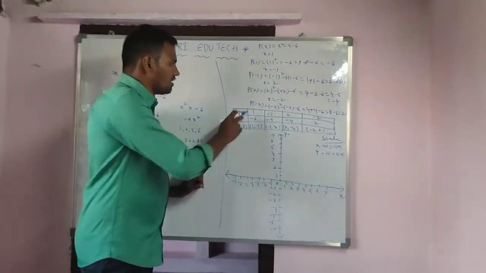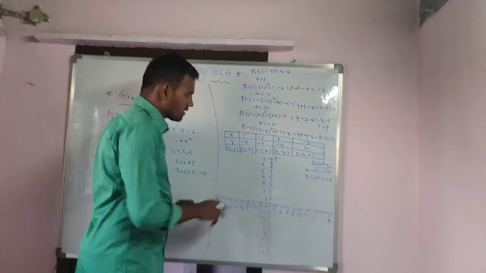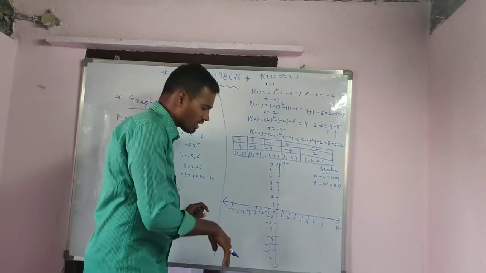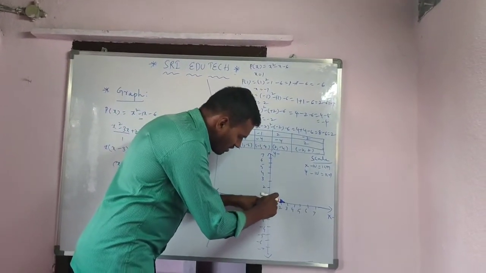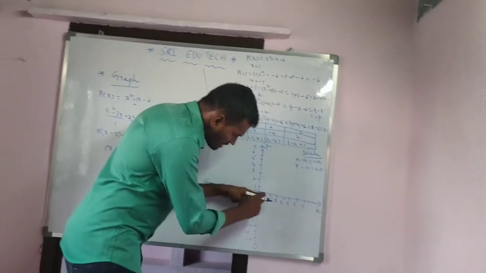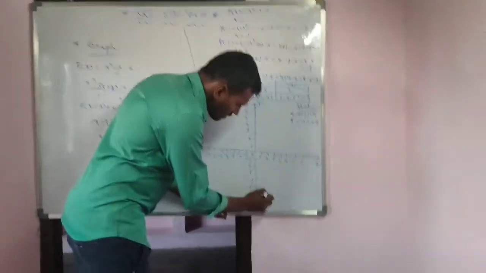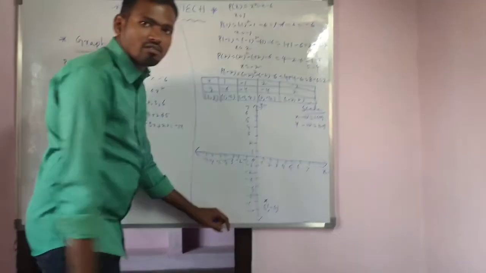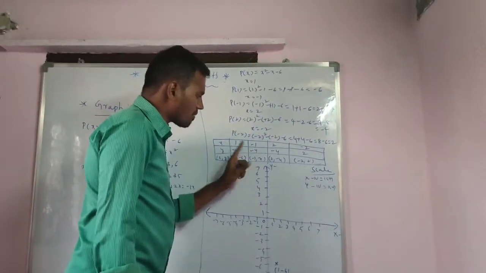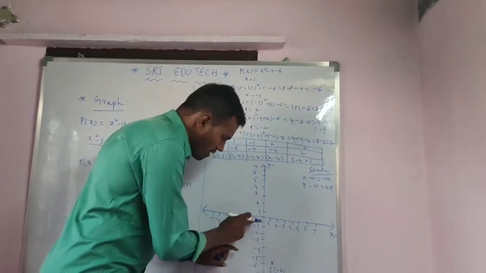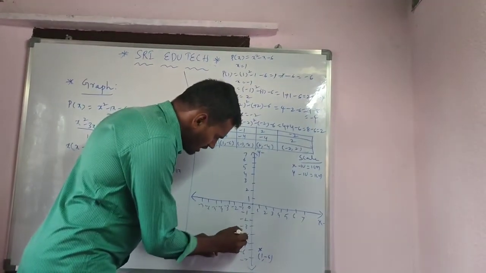So now 1 comma minus 6: x is 1, y is minus 6, minus 6 means downside. X is 1 here, minus 6 is here, so this coordinate point is here, and we write 1 comma minus 6. Next, minus 1 comma minus 4, same here.